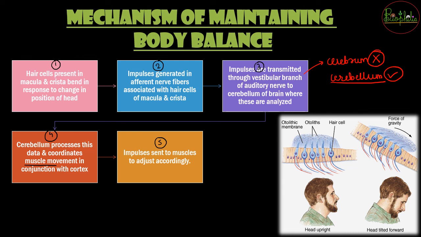So your muscles will get a signal to contract towards your right so that you can maintain your balance. So you are tripping towards this side, the motor neurons are going to tell your body to move like this. So this is the body after the movement and this is the body before.